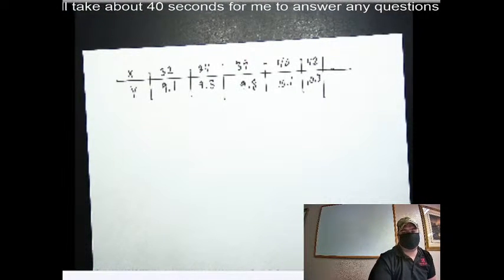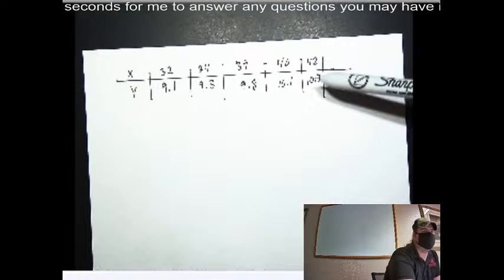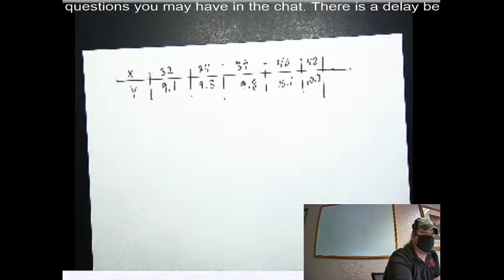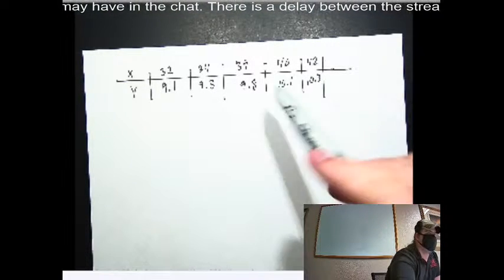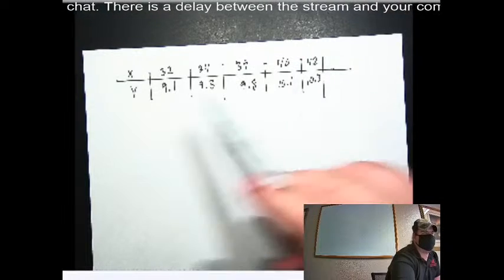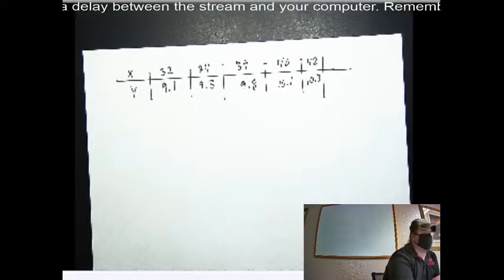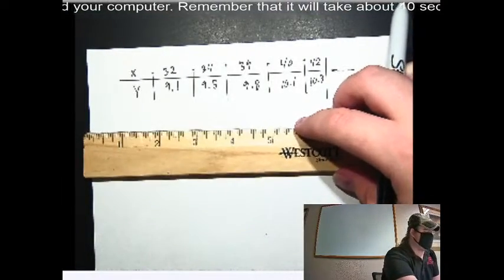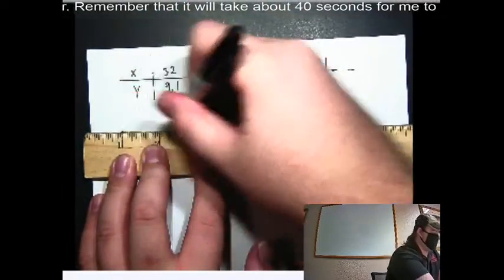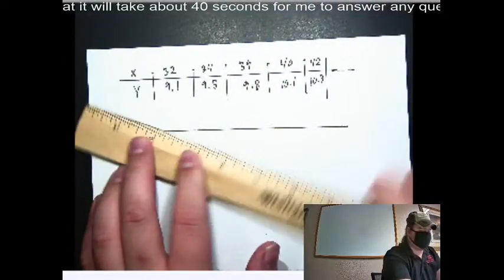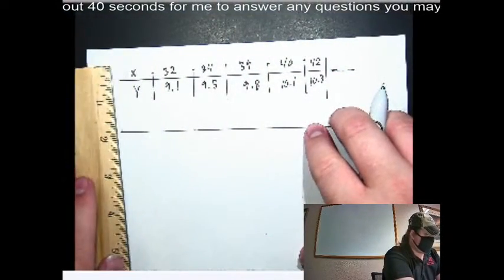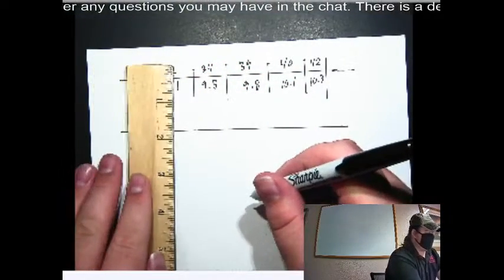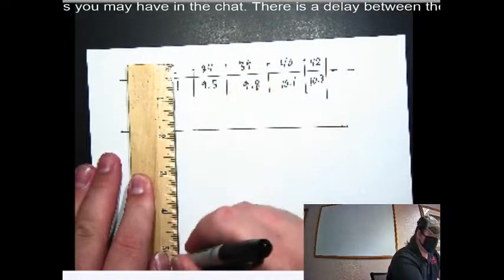But what we want to see with our correlation coefficient is how closely related are these? Are they being affected by the same thing? Okay? So this is typically what you'll see when you're given a problem like this, is a chart like this. What I would like for you to do is to make another chart on your own, one that has more space for information, because we're going to be dealing with a whole lot of data points, a lot of values. And it's very easy to get lost with these values if you don't organize them.